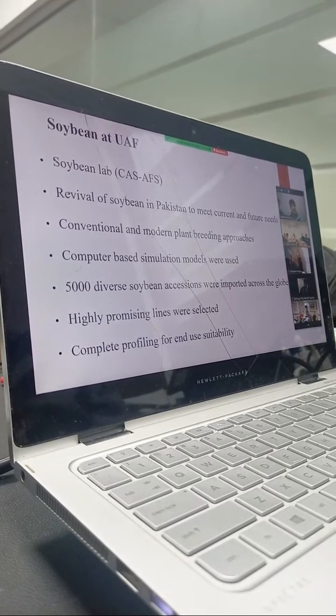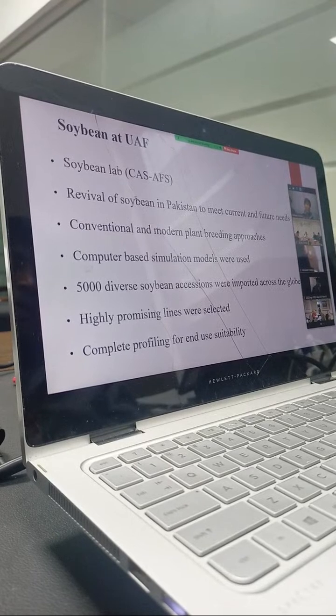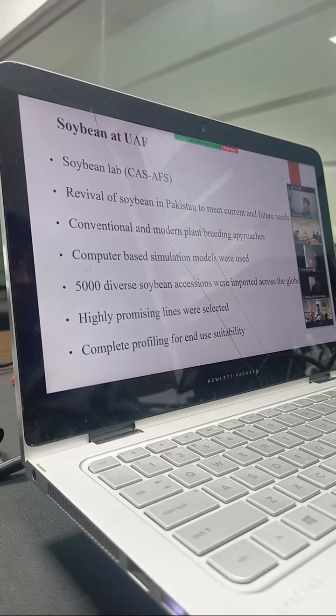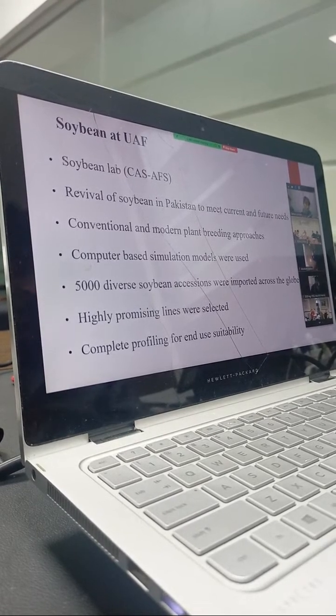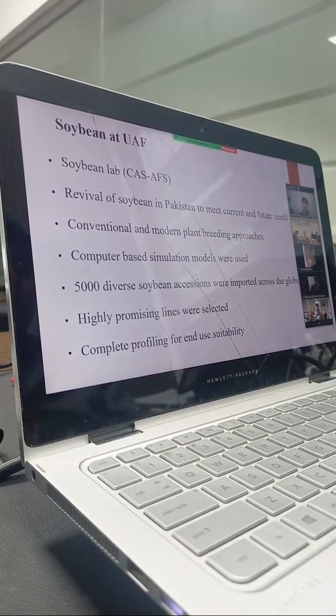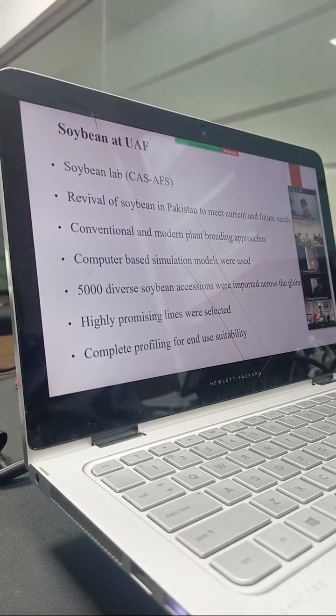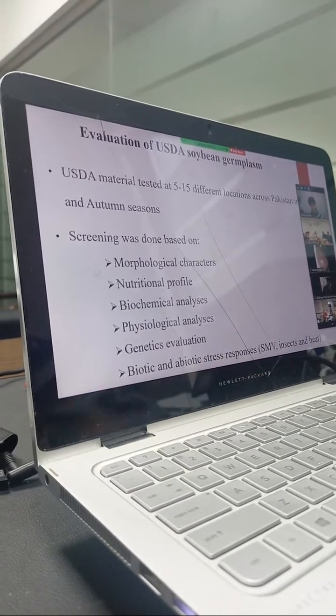And from these 5,000 lines, we selected highly promising germplasm, which we thought could be potentially suitable for cultivation in Pakistan. We also did a nutritional profile of all this material, making sure that it is suitable for the end use industry.